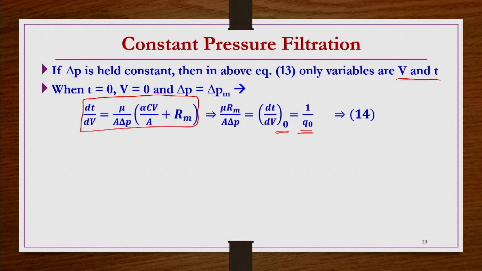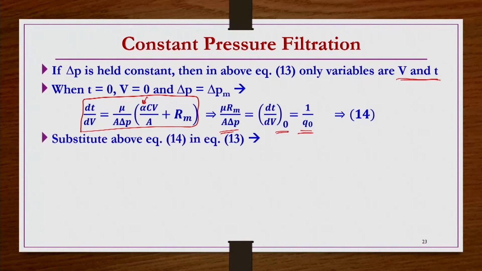At t equals 0, there is no cake formation, so alpha is 0. So we can write dt by dv at t equals 0 is equal to mu by a delta p multiplied by rm, or mu rm by a delta p, which is nothing but 1 by q naught. So if you know 1 by q naught from experimental information, you can get the rm value.